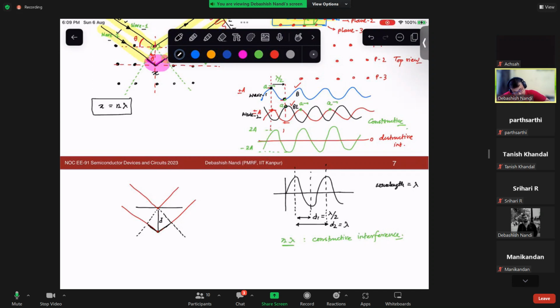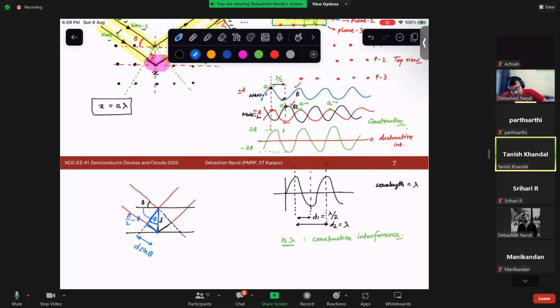This angle we know, this angle is theta, right? So this angle is pi by 2 minus theta. So this angle would be theta, right? If this angle is theta, this is d and this is my right angle triangle. So what is this distance? D sine theta.